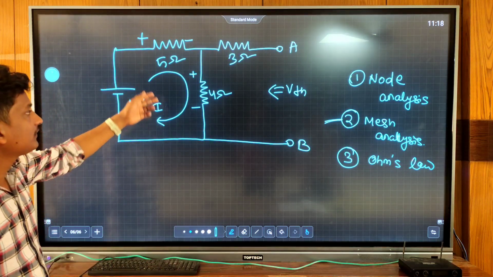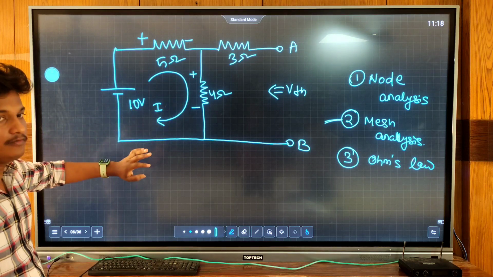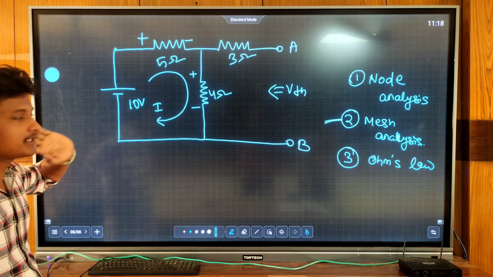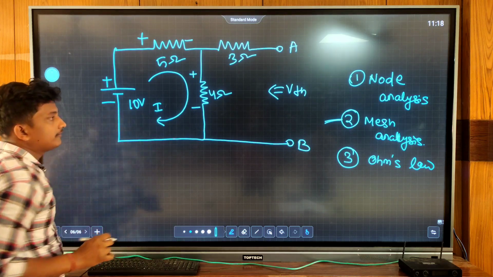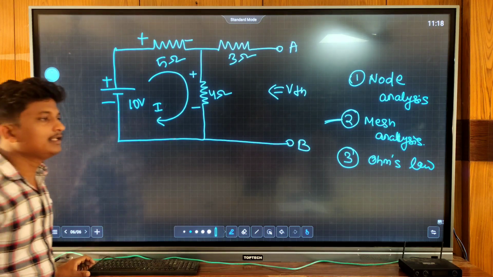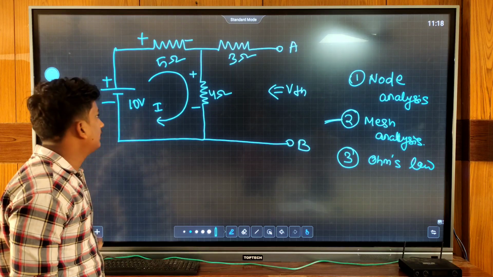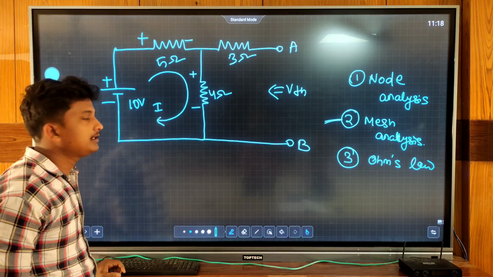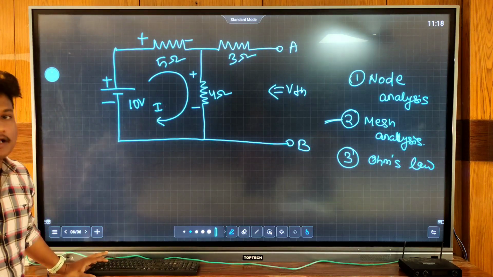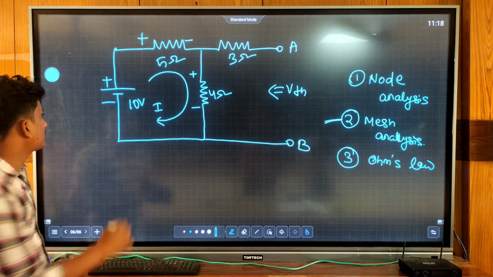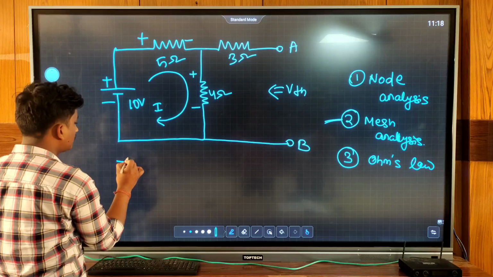So I, and in the 4 ohm the same current will flow. So it is only a single mesh. So if I apply this plus and minus, there is a technique that if you take the first polarity of any element, then you have to take the first polarity of every element. So first I am taking minus 10 volt. This is the first polarity.